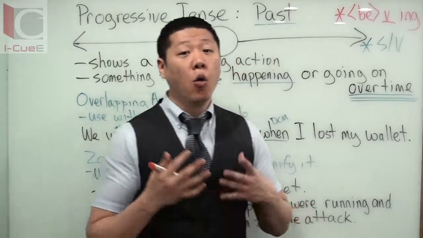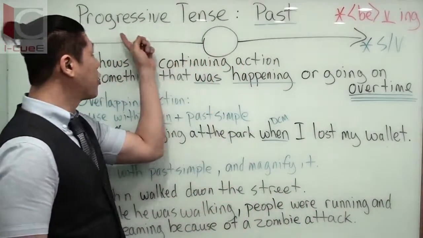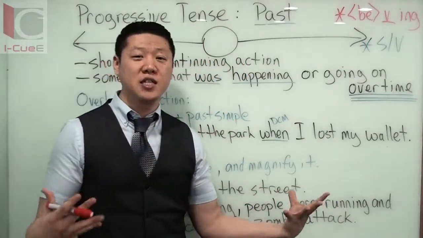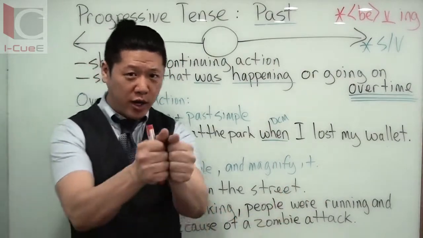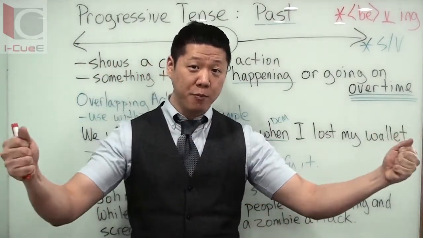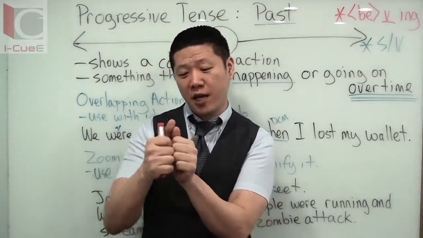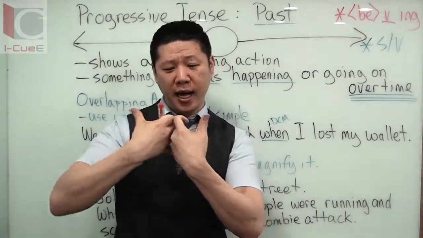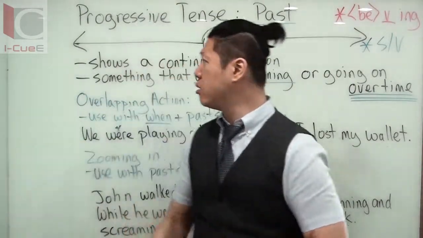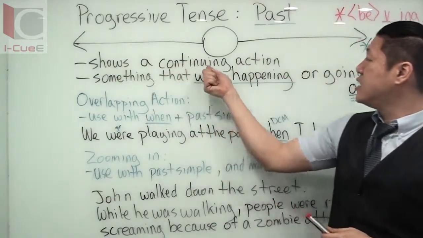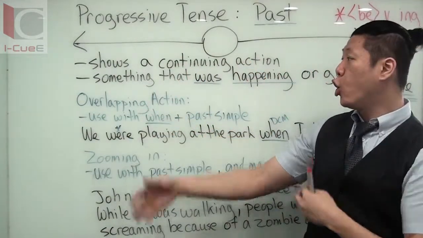Okay? So, what is the progressive tense? All progressive tenses, what we are doing is that we are stretching out time. We have moments in time that we're trying to explain by kind of expanding upon it a little bit. So it shows a continuing action over time.